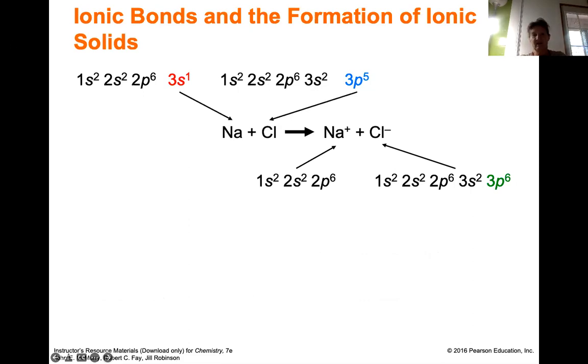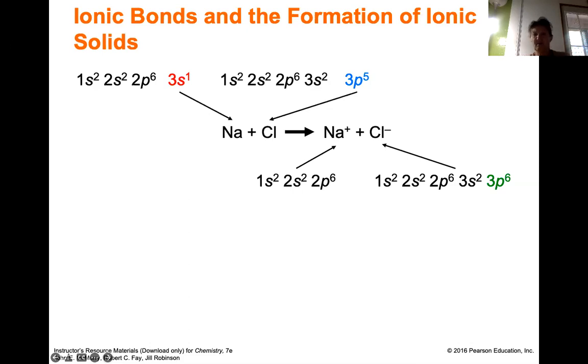When they're neutral atoms, they have unfilled outer shells. Sodium can become Na+ by giving up an electron, and then it has the filled shell of neon. Chlorine, if it picks up an electron, can look like argon. That process of exchanging the electron may or may not take energy, depending on the relative ionization energy of sodium and the electron affinity of chlorine.